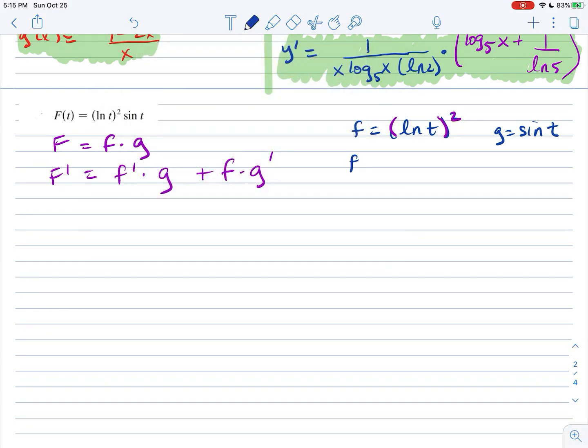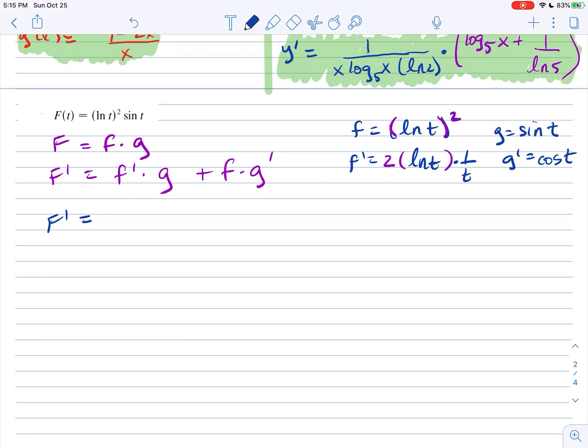Taking f prime, I notice that I do have the chain rule, so when I take f prime, it's going to be the derivative of the outside, evaluated at the inside, but then times the derivative of the inside, which is 1 over t. And then my g prime is just the derivative of sine t, which is cosine t.